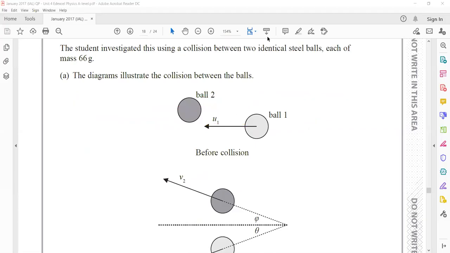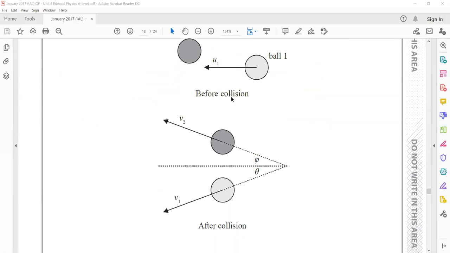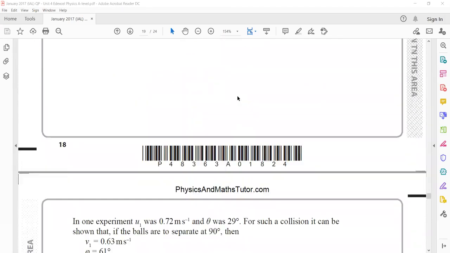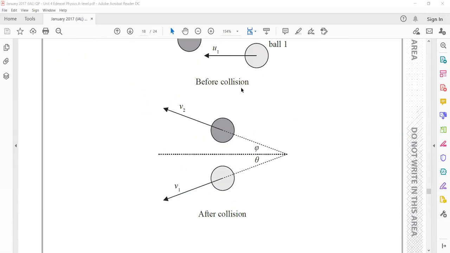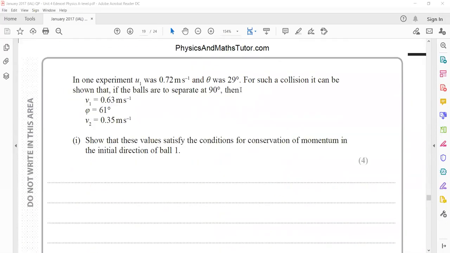So a moving ball collides with a stationary ball, and if the collision is elastic, the angle should be 90 degrees between them. In one experiment, u1 was 0.72 and theta was 29. For such a collision, it can be shown that the balls are separated by angle 90 degrees, then v1 is given, phi is also given, and v2.